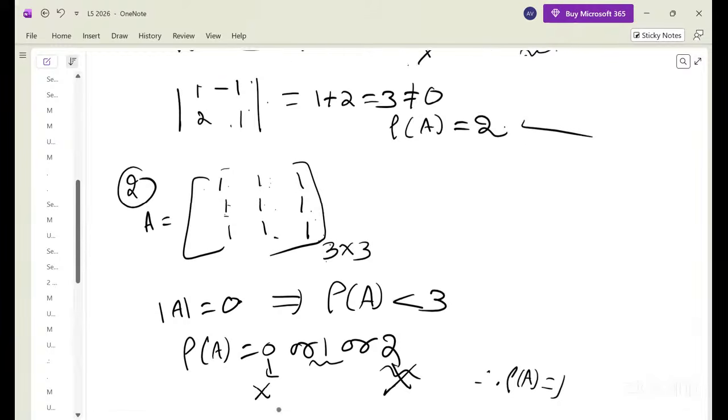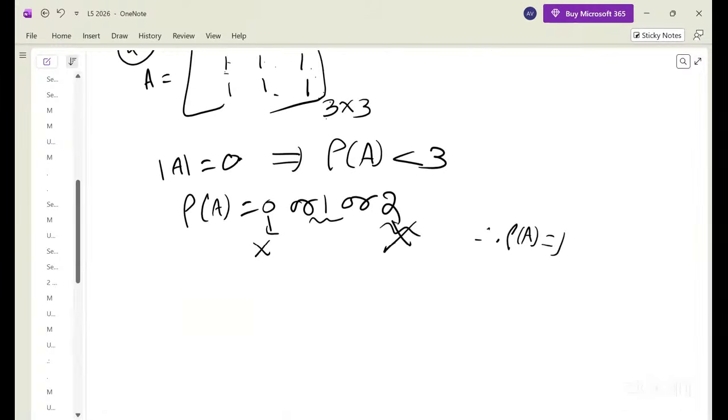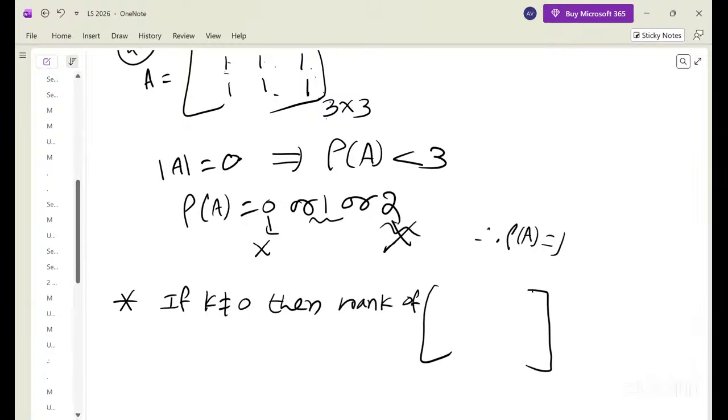Remember that as a shortcut. So shall I give that shortcut? If k is not 0, then the rank of any matrix of any order with every entry k, any square matrix, need not be 2 by 2, need not be 3 by 3, it can be any n by n matrix, the rank of this matrix is 1.